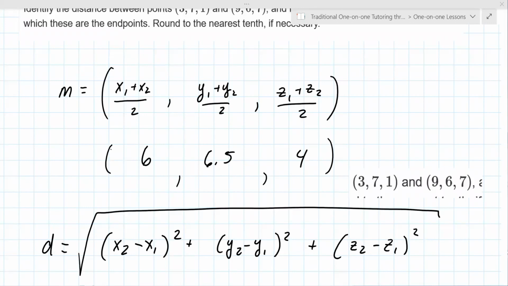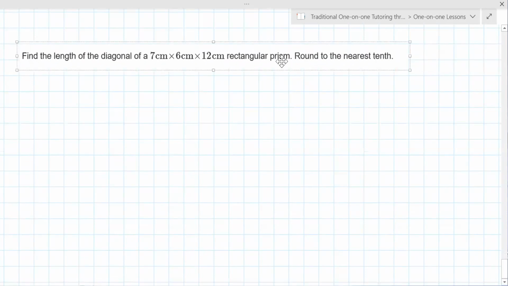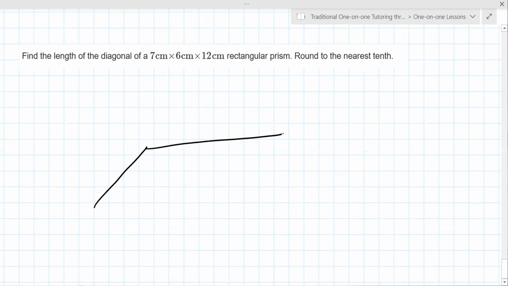Let's do one more question, then we'll just take like a 1-minute break. Okay, this question says find the length of the diagonal of a prism. So we did these problems where I said, okay, let's draw the base 7 and 6 again, not to scale.